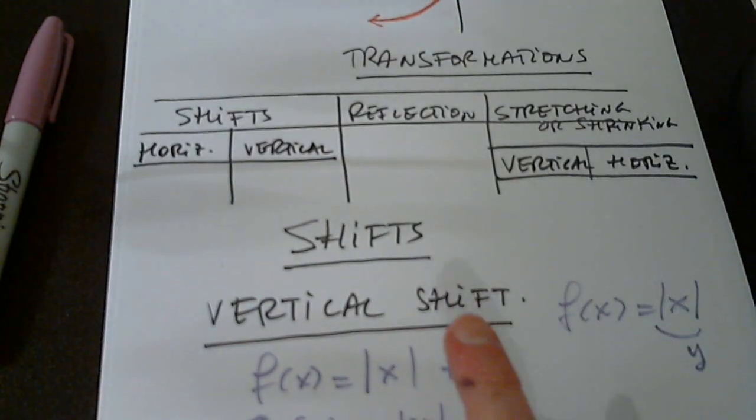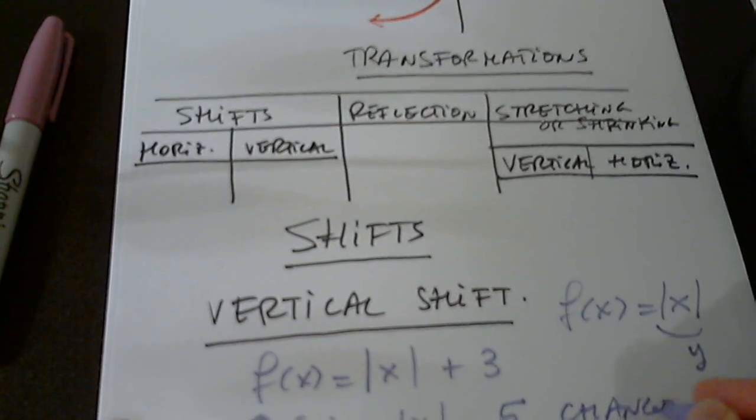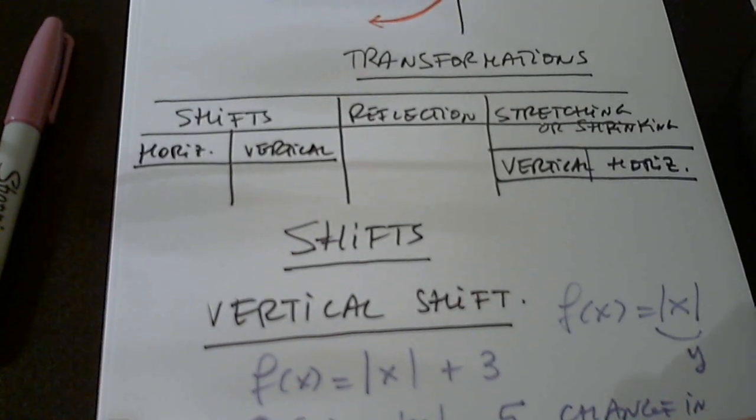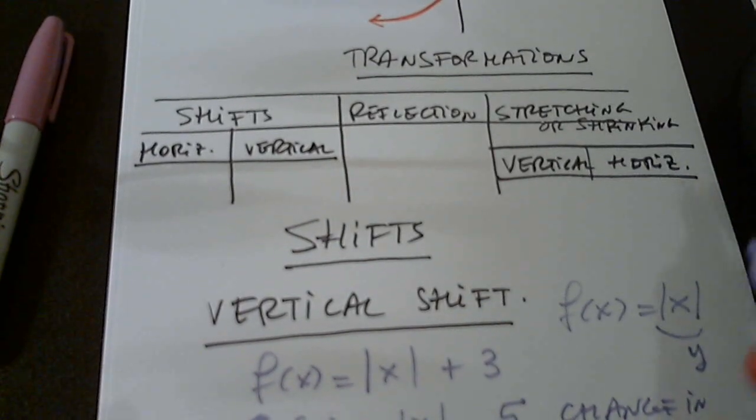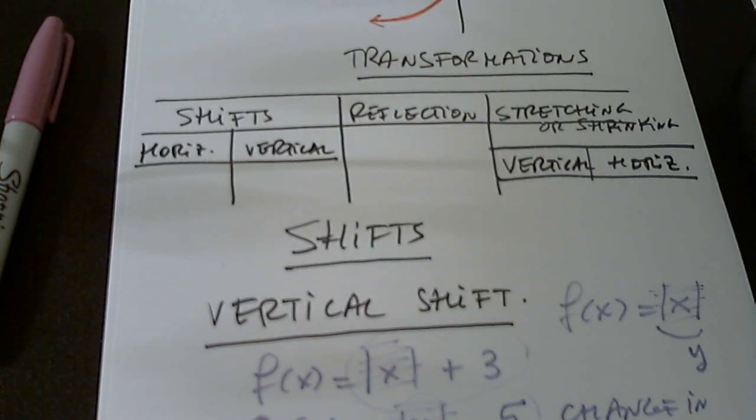This is a change in y value. See, x is the same. There is no change in x. But the change is on the outside, in the outcome.